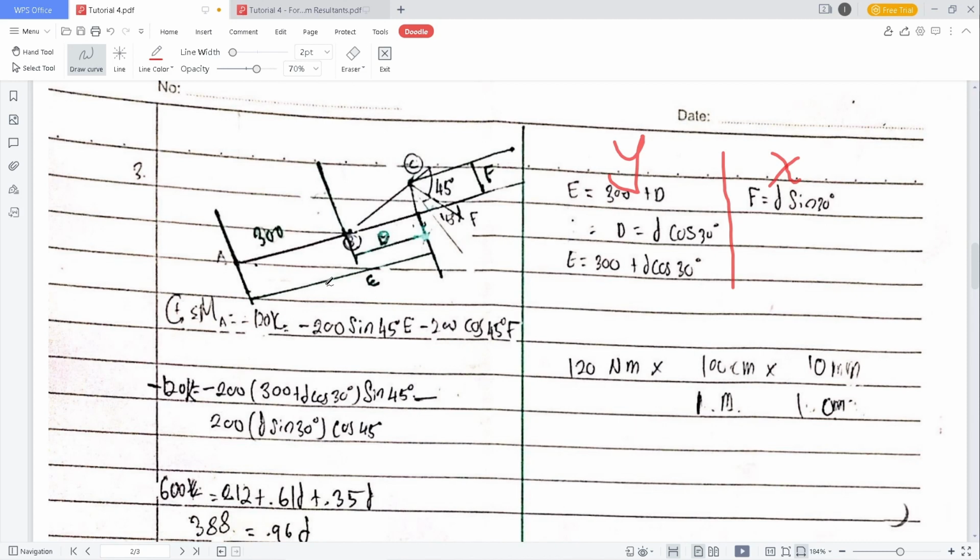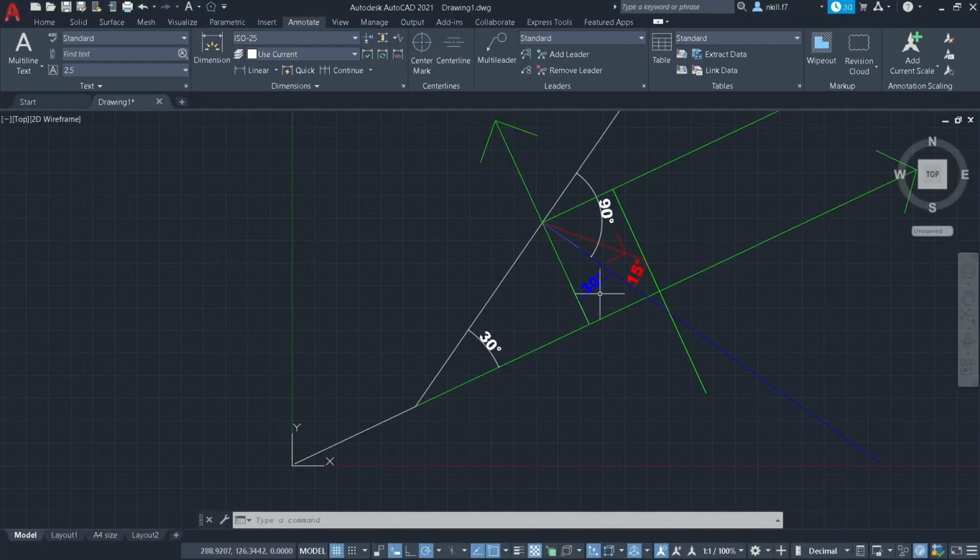As we are dealing with a moment, you need to know the perpendicular distance. We know the Y and X components of force, so we need to classify the perpendicular distance for both of these forces. Going back to the AutoCAD, the direction of the vertical force, or Y component force, will be in this direction. So the perpendicular distance is from this point onto this one.